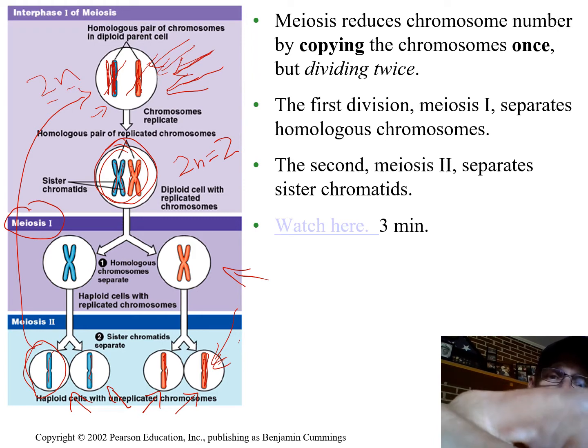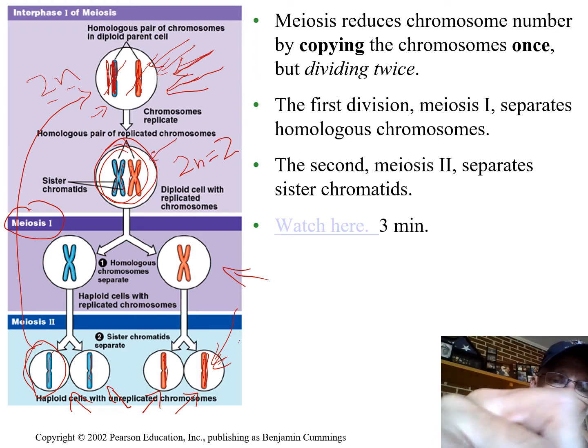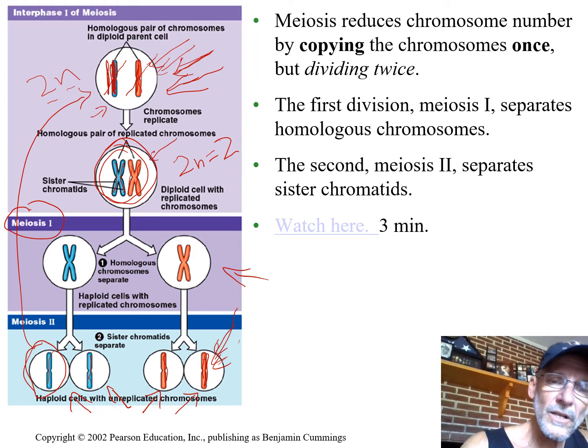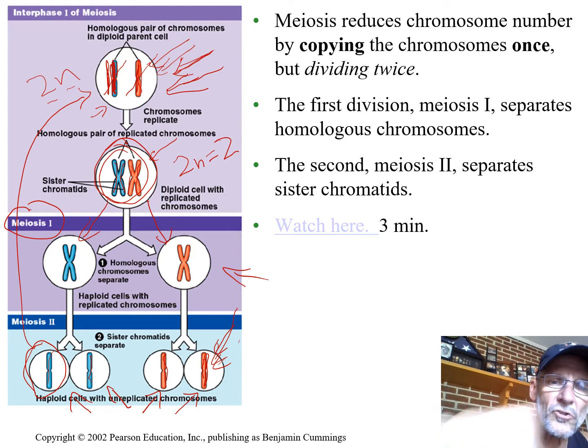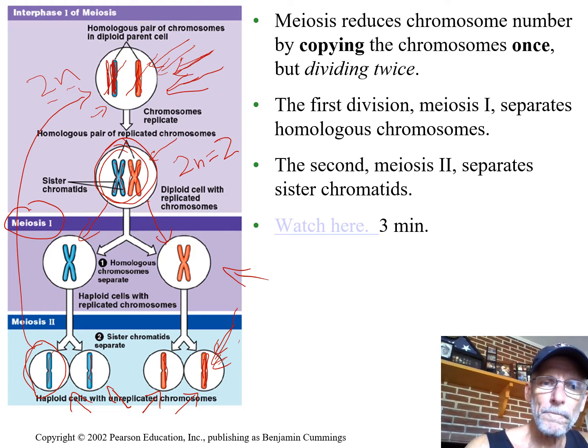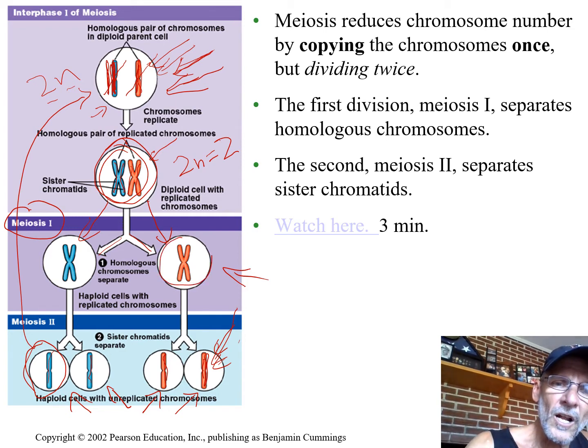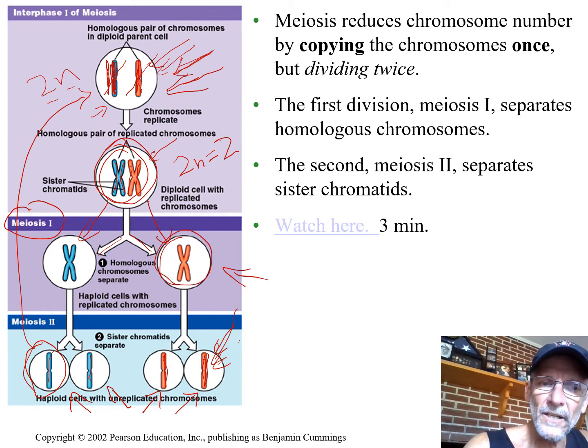So now to get from a cell that's got 4 bunches to cells that have just 1 bunch, we need 2 divisions. The first division, as you can see, is not going to pull the chromatids apart. It's just going to separate the homologous chromosomes from each other. Then a cytokinesis makes 2 separate cells, and this cell has just 1 chromosome in it.